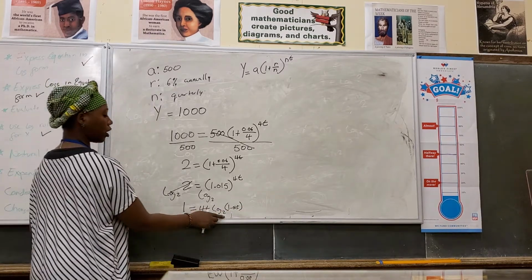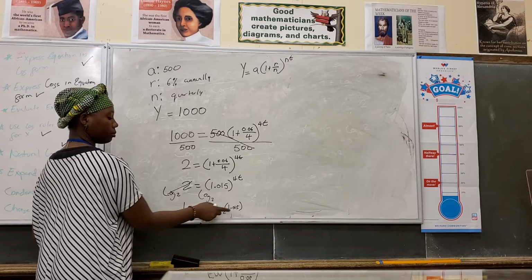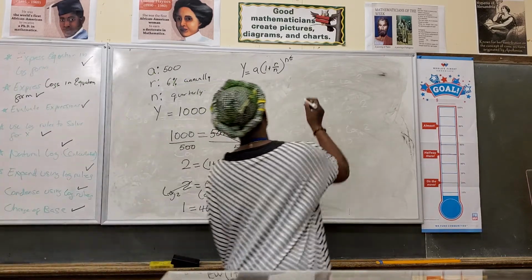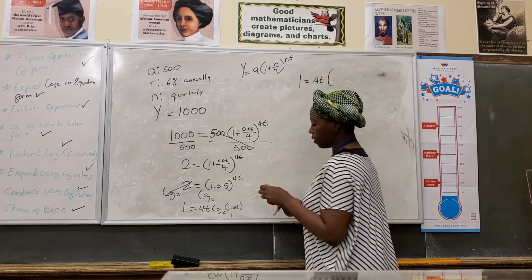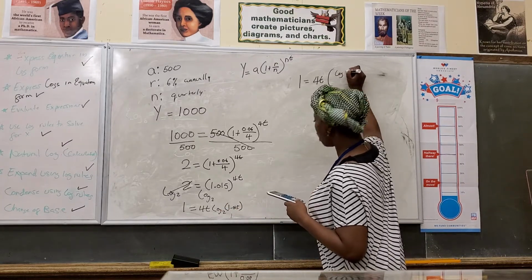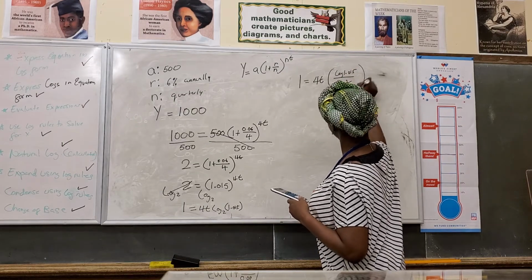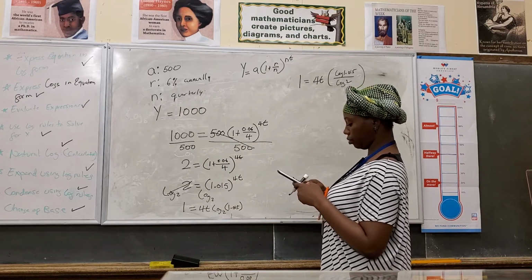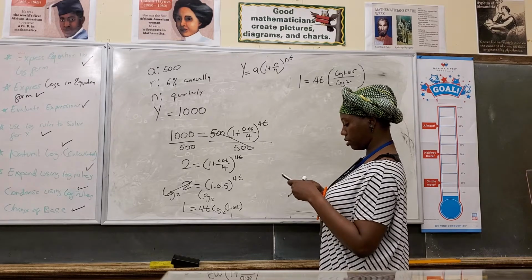Now we can't do this in our calculator, so we can do the change of base. This is actually going to give us a number. So 1 is equal to 4t, and our change of base will give us log of 1.015 over log of 2.